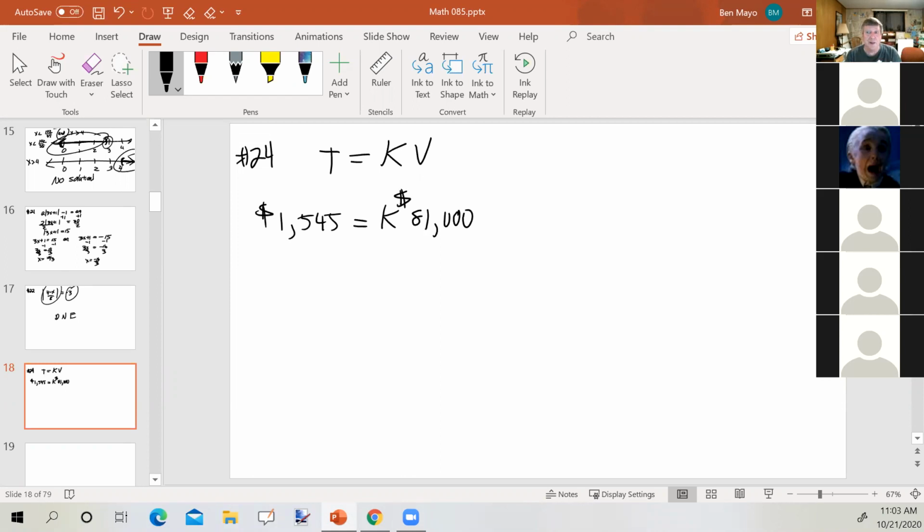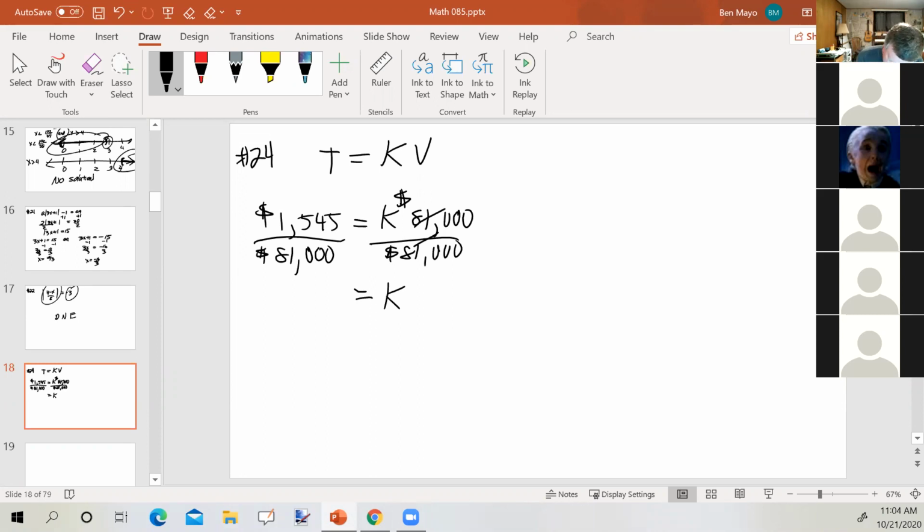So there's that starting information that allows us to determine K. I would divide both sides by $81,000. So K equals 1,545 divided by 81,000. It comes out with some nasty, awful number.